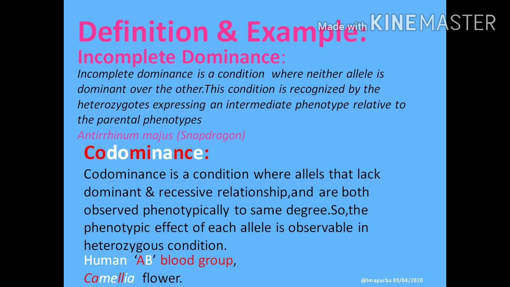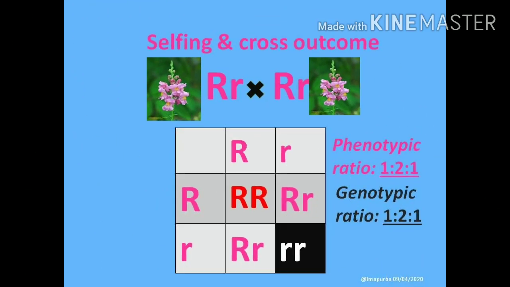So now the definition and example of both incomplete dominance and codominance are very clear to you. Now proceed to the next important slides. Now we come to one of the most important parts of the video, selfing and cross outcome.